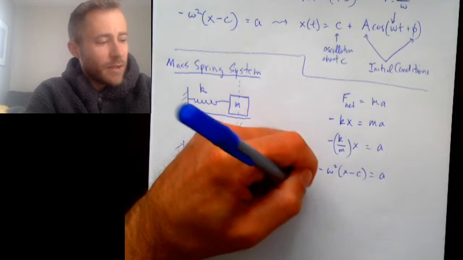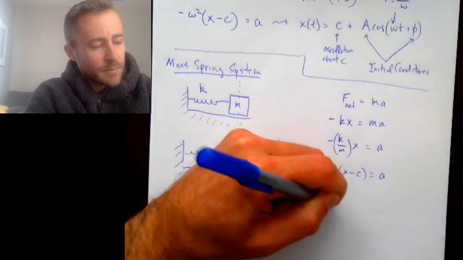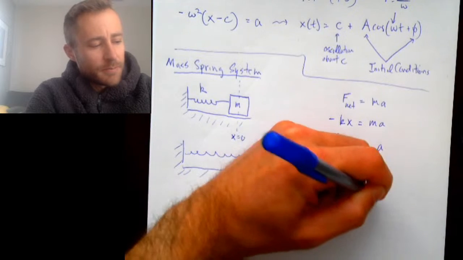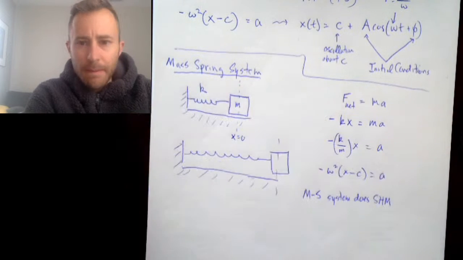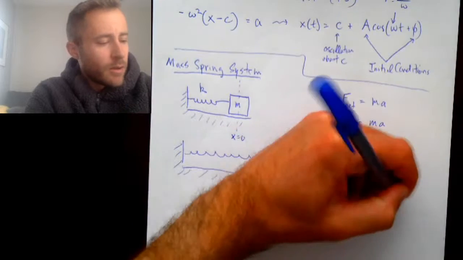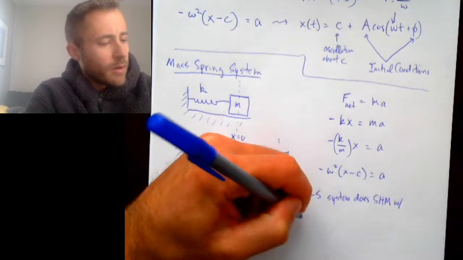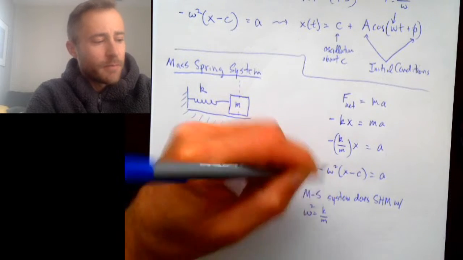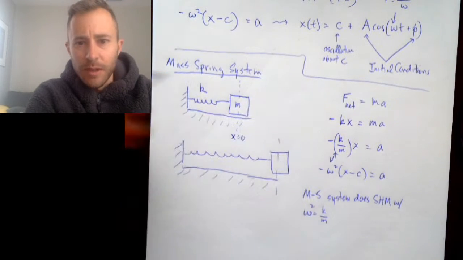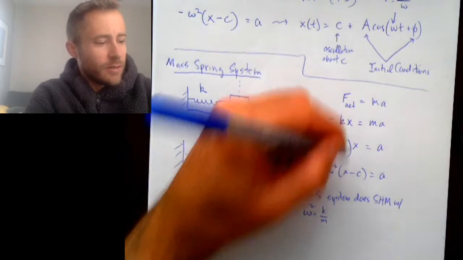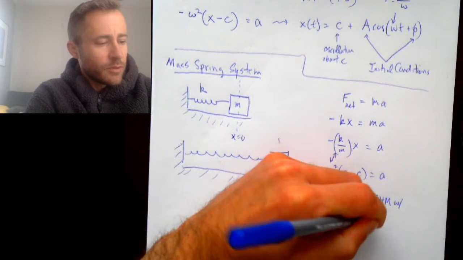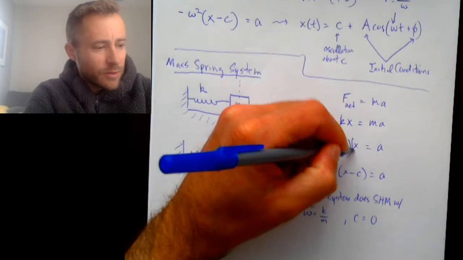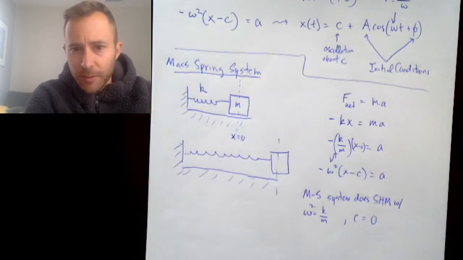So the mass spring system does SHM, with omega squared equals k over m by comparison, and c equals 0, because this is the same as x minus 0.